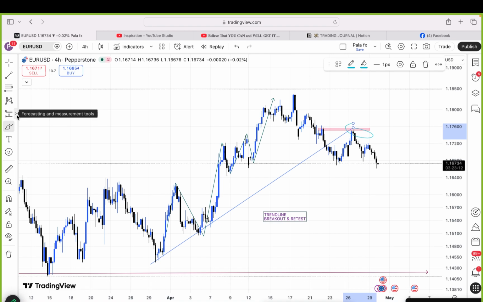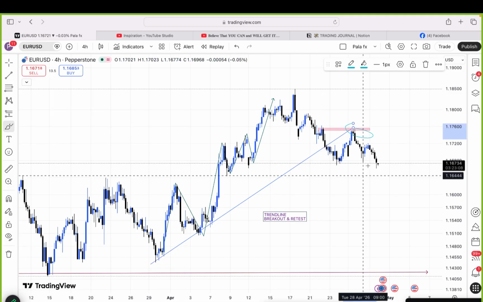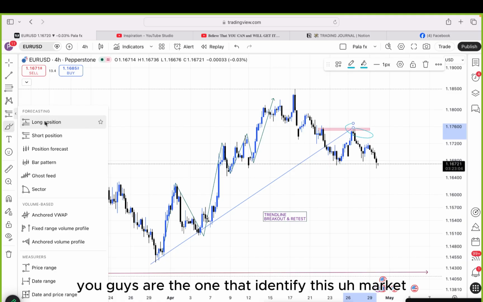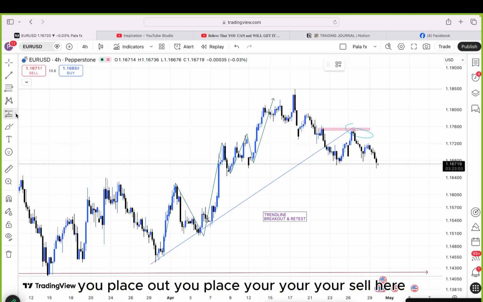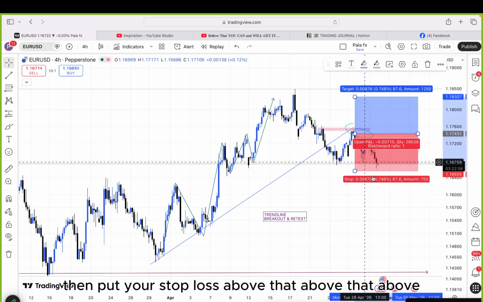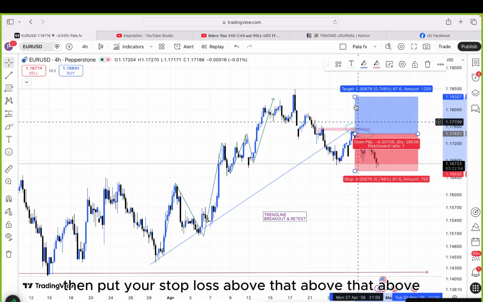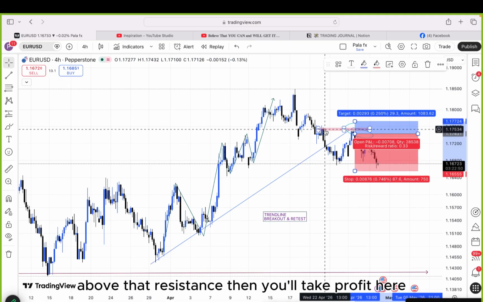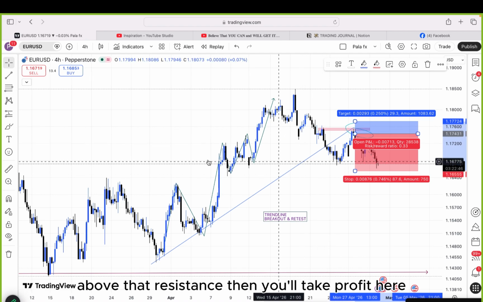So now, assuming you are the one that identified this market, what are you going to do? You place your sell here, then put your stop loss above that resistance, then you take profit here.